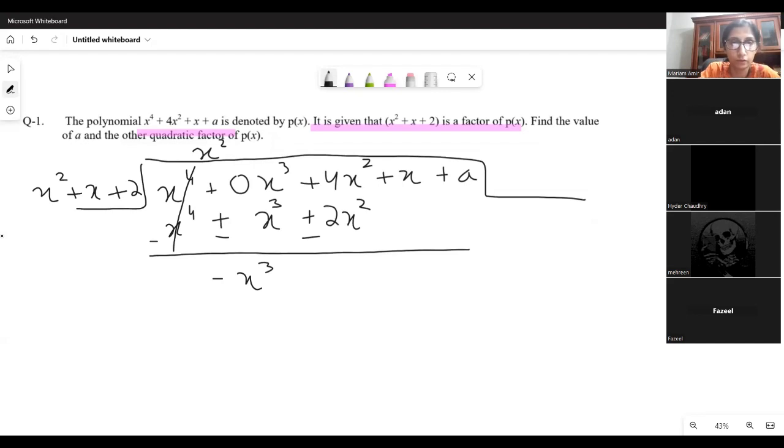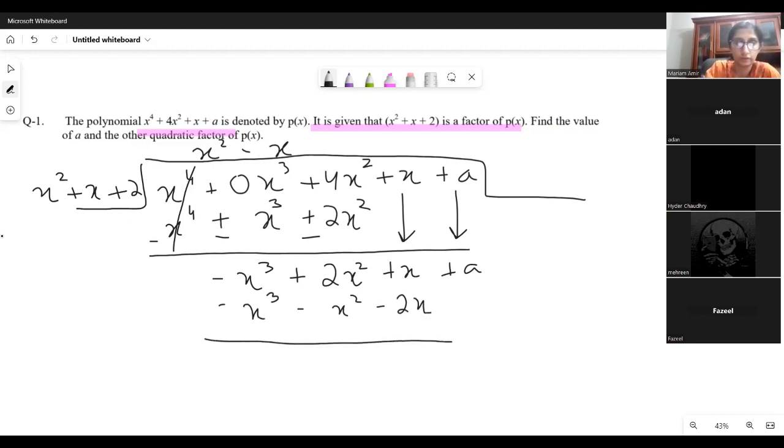So this would be minus x cubed plus 2x squared and then plus x plus a. Okay. The next expression at the top would be minus x, because x squared times minus x gives minus x cubed, and then minus x squared, and then minus 2x. Change the signs.